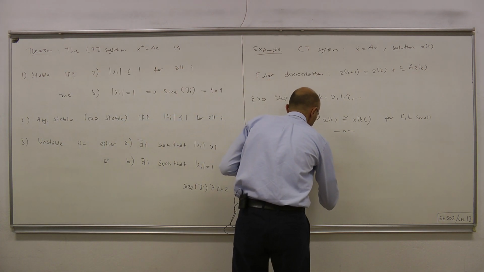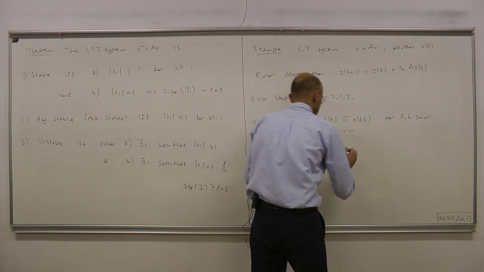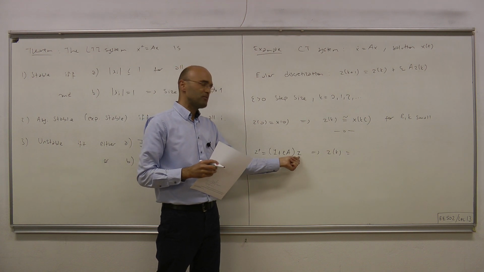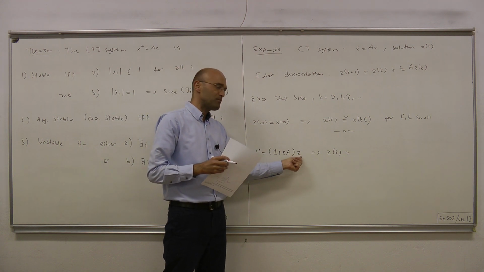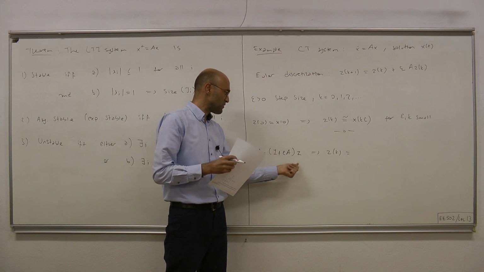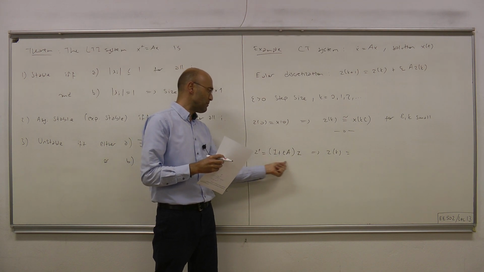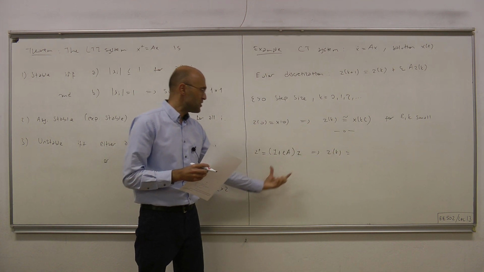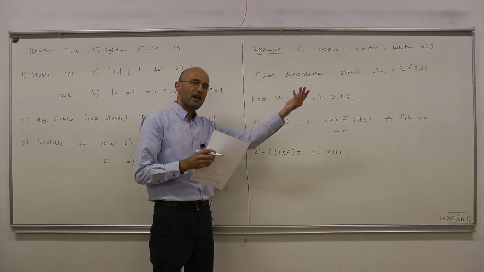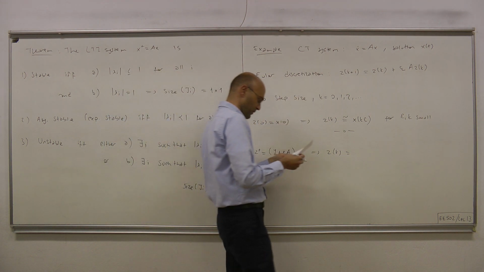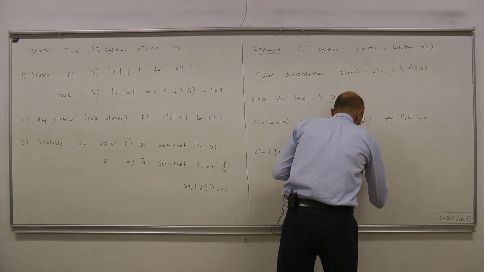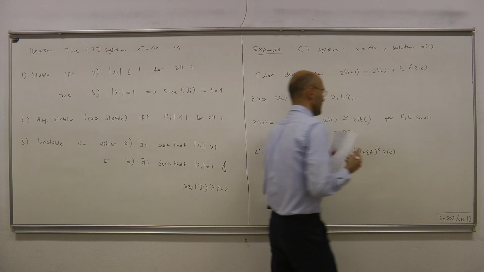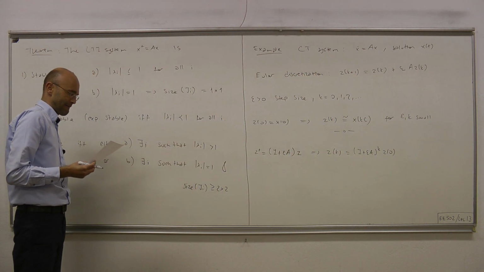Now this implies that z1 equals this matrix times z0. z2 equals this matrix times z1, and z1 was this matrix times z0. Therefore, z2 is this matrix squared times z0. And in general, z of k is this matrix, I plus epsilon A, raised to the power k times the initial state z0.